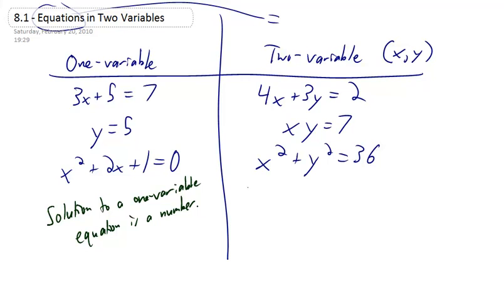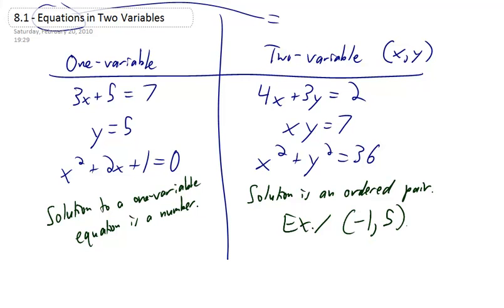But for a two-variable equation, our solution is an ordered pair. For example, -1, 5 would imply that x was equal to -1 and y was equal to 5.